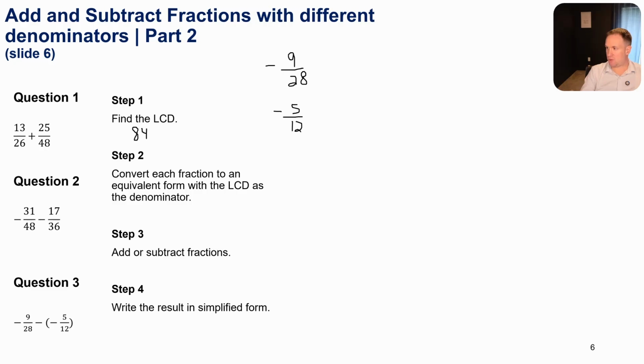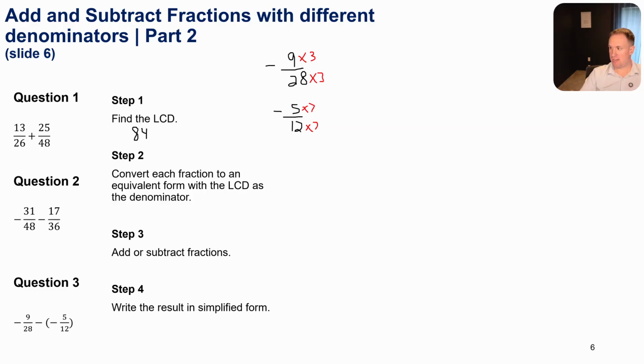So the factor we need to multiply 28 by to get to 84 is a 3. And I'll also multiply the 9 by 3 now. And then the number I'm going to multiply 12 by is a 7. And I'll multiply the 5 by 7 as well.